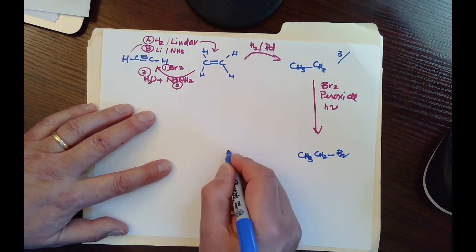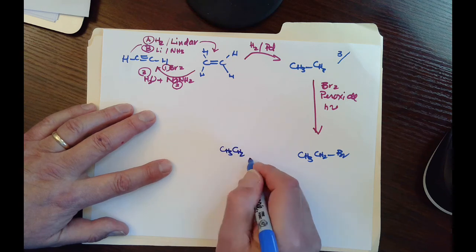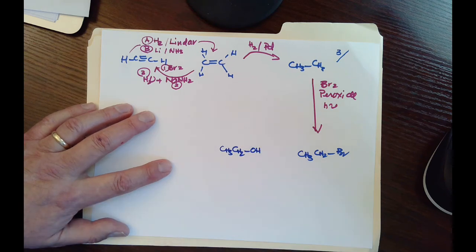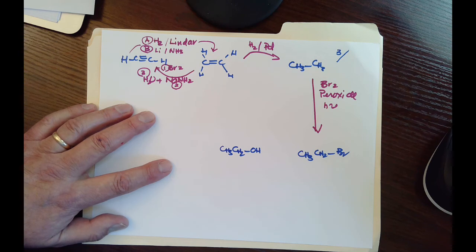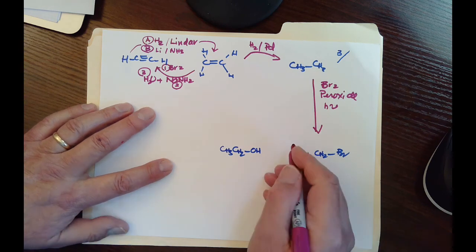I'll write it here: CH3 CH2 OH, ethanol. So to go from alkyl halides, it was easy. We only use sodium hydroxide, which is SN2, or we can use water, SN1.